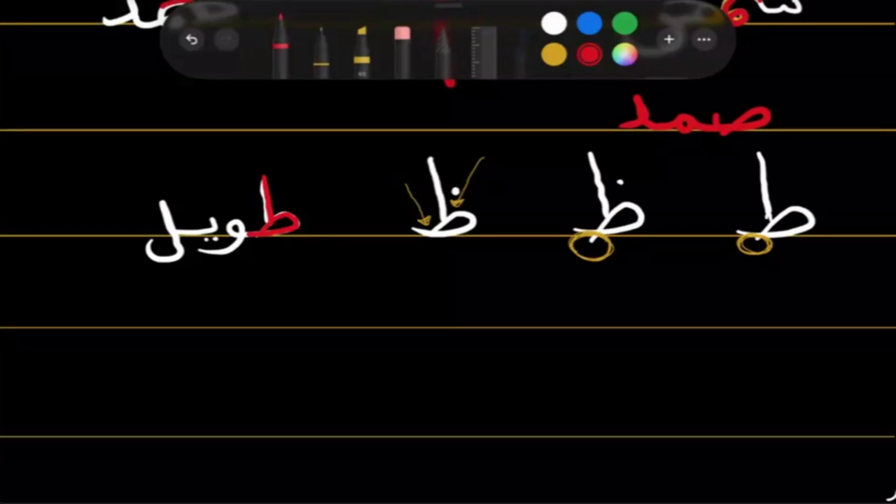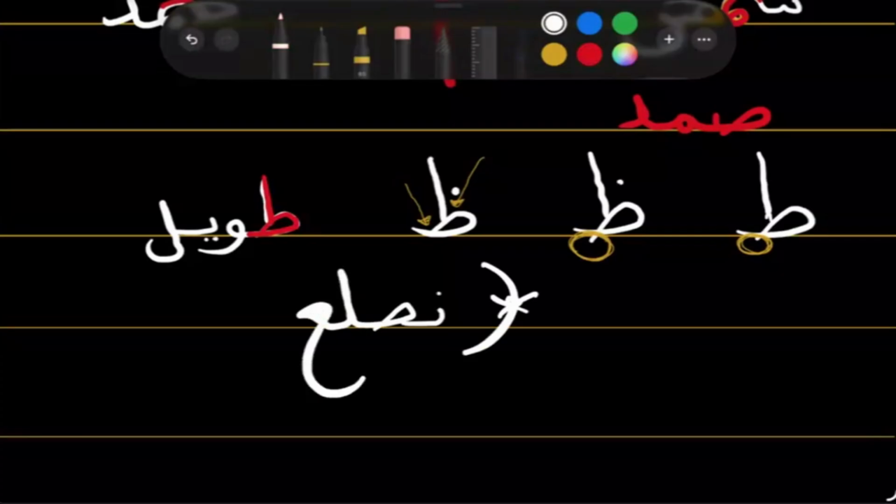Here's the word from the Quran in Surah Al-Humazah: Allati tattali'u. So you see the ta here connecting from the letter before it.